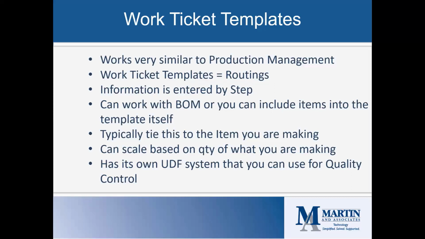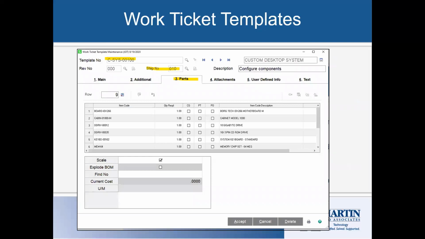So if I switch back over to my screenshot here, you can see my template number: I'm making this CSIS 100 item. I'm on step 1, which is my first real official step. I could issue parts on this step here versus going over to bill of materials and tying the bill to the template that way. So this is just another way to do it. The system works fine either way.